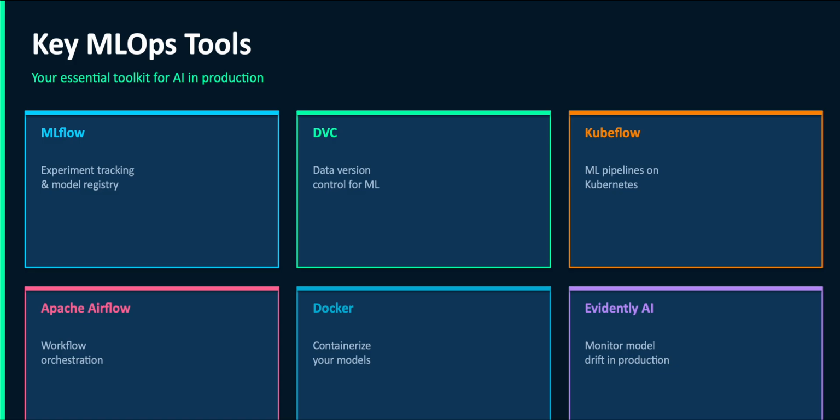Apache Airflow orchestrates your workflows. Docker and Kubernetes handle containerization and scaling of your models. And Evidently AI is excellent for monitoring model drift in production. If there is any drift in the model, you update your data and retrain your model.